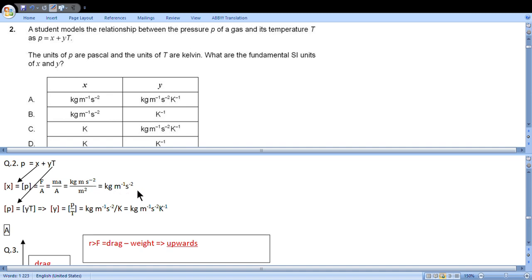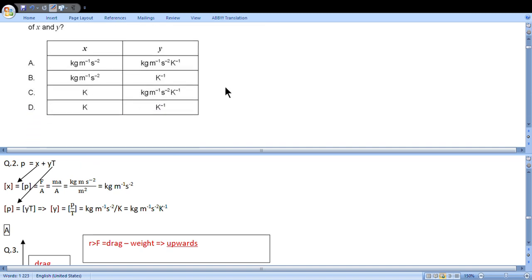So we get the base unit for X, which is the same as for pressure. And for Y it will be pressure by temperature, so we divide this unit by Kelvin. And the choice is A.